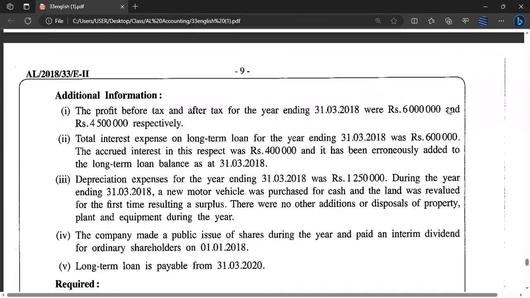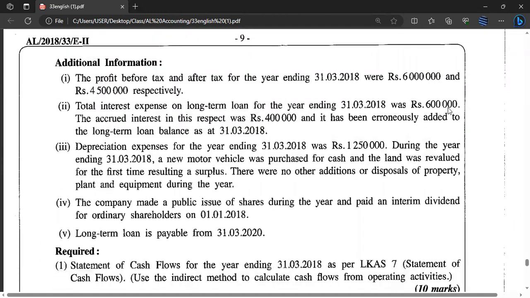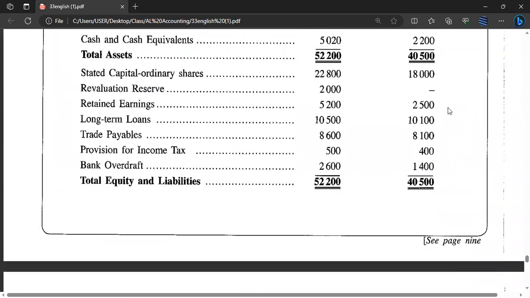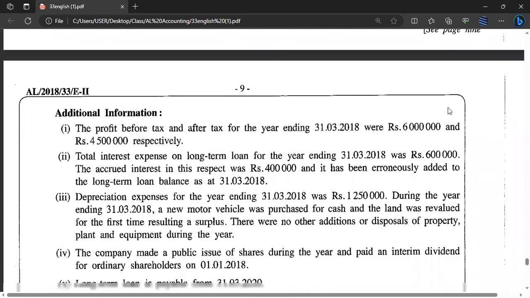Now let us look into the first additional information. The profit before tax and after tax for the year ending 31st March 2018 were rupees 6 million and 4,500,000 respectively. So now let us come to the cash flow statement and record this.